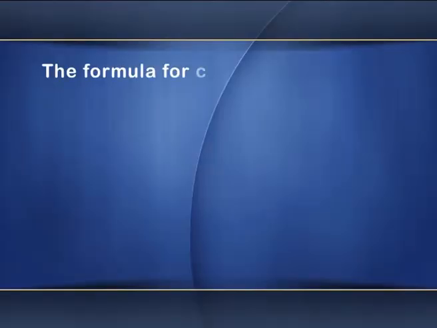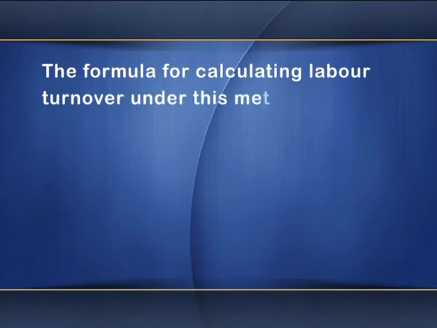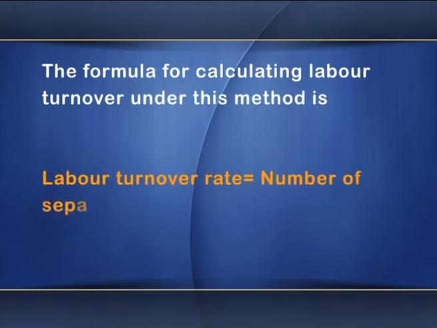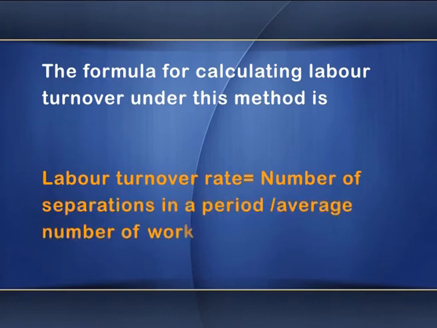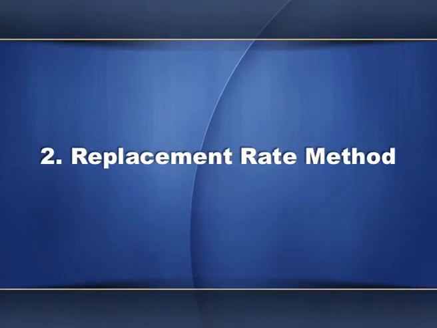The formula for calculating labor turnover under this method is: labor turnover rate is equal to number of separations in a period divided by the average number of workers, into 100. Number 2, replacement rate method. Under this method, only actual replacement of labor irrespective of number of persons leaving the firm is taken.